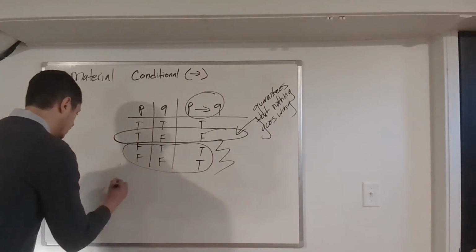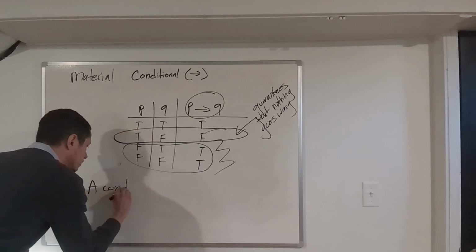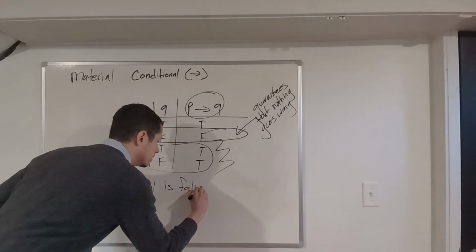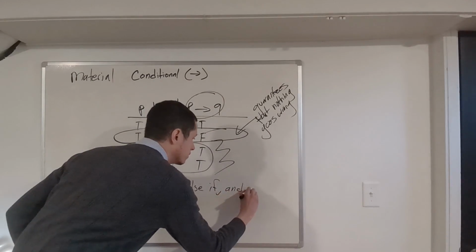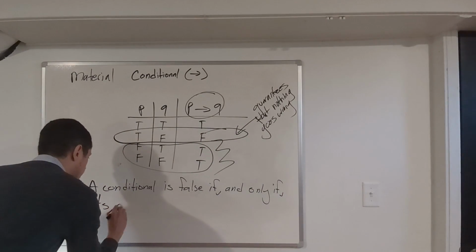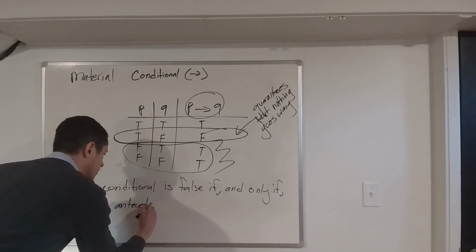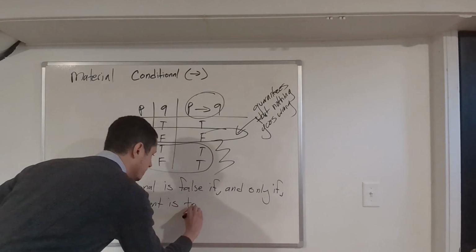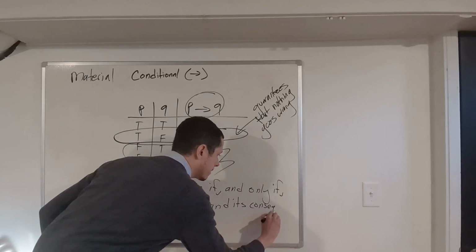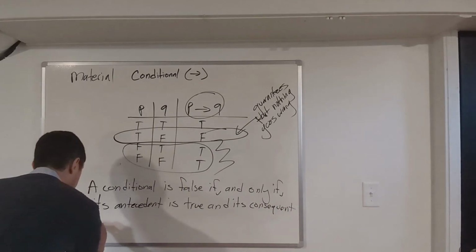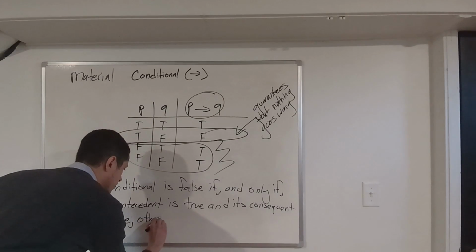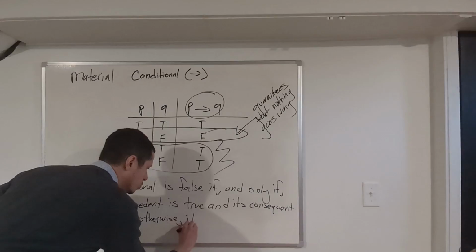So, a conditional is false if and only if its antecedent is true and its consequent is false. Otherwise, it's true.